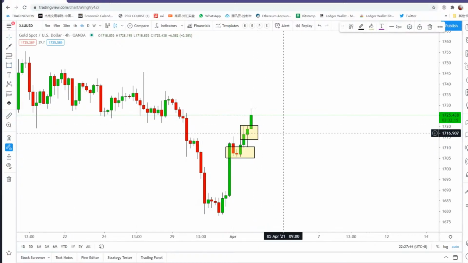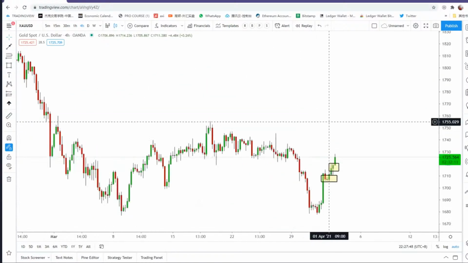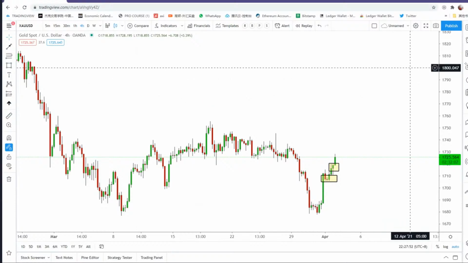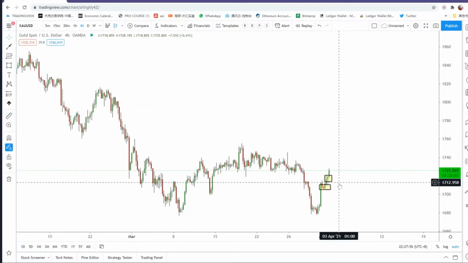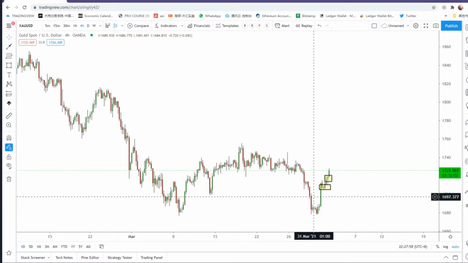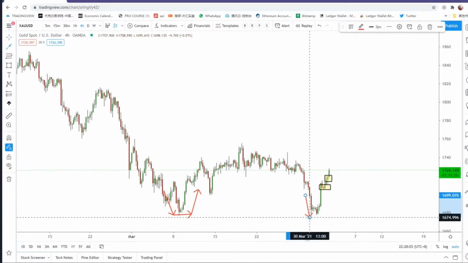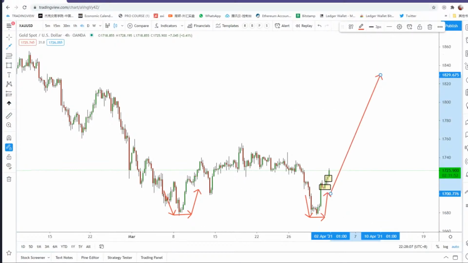So these two inside bar breakups can give you good entries for the gold, and get ready for the gold to go for 1750, 1780 and 1800. So find some correction to buy the gold, because this reversal is really very strong. So we believe another upside move is coming.